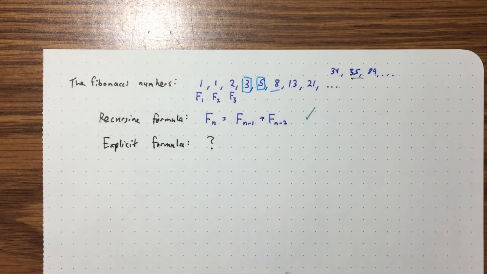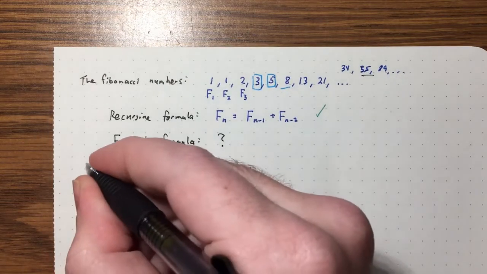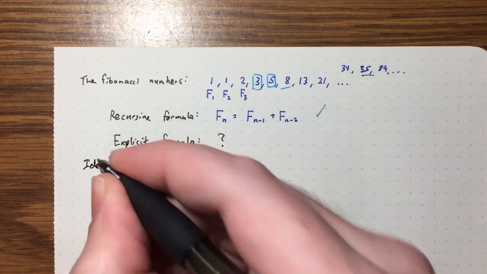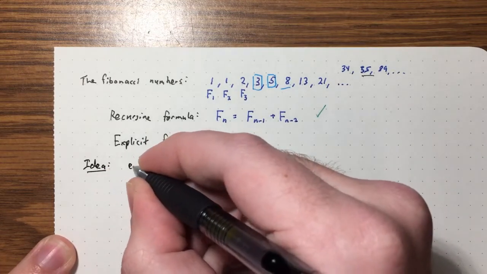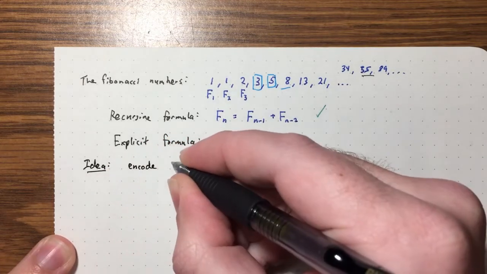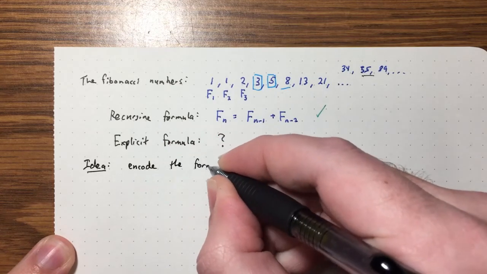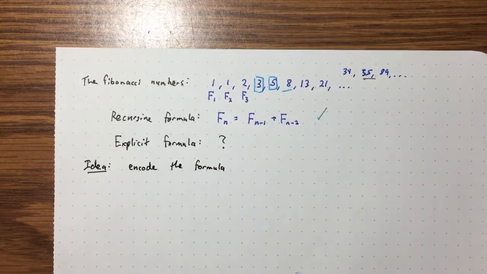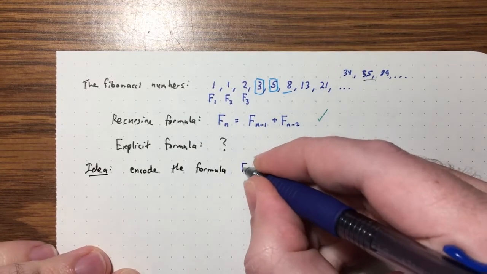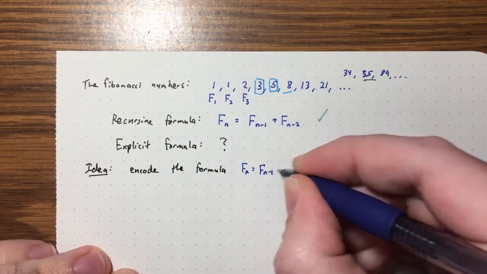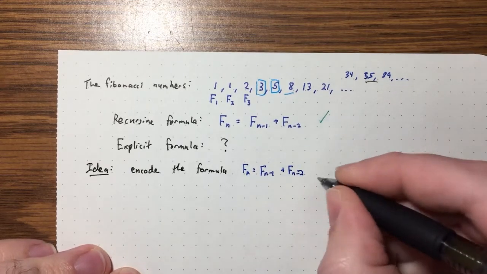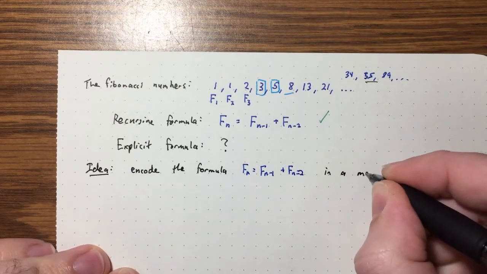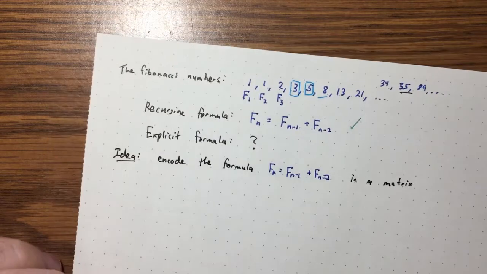So, first of all, where's the matrix coming from? So here's our idea. We're going to encode the recursive formula that we have in a matrix. And here's how we're going to do it.